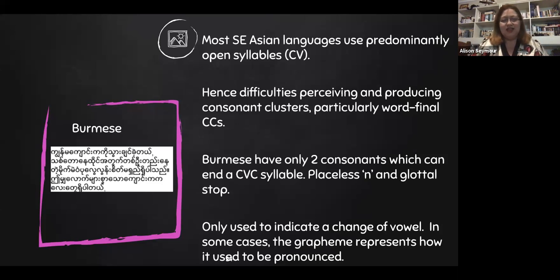So once again, what's on the page in terms of consonants is not necessarily how they would pronounce it. And so the representation on the page shows how words perhaps used to be pronounced, but they're not pronounced like that anymore, similarly to English, I suppose.